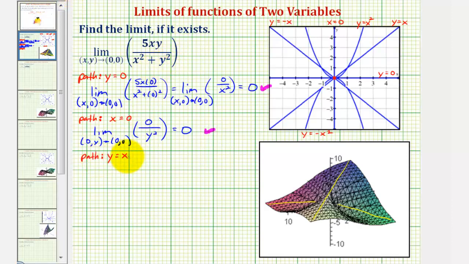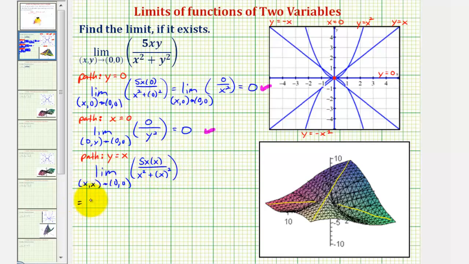So here we'll substitute x for y, which would give us the limit of x comma x approaches 0, 0 of, again we're substituting x for y, so we'd have 5x times x divided by x squared plus x squared.